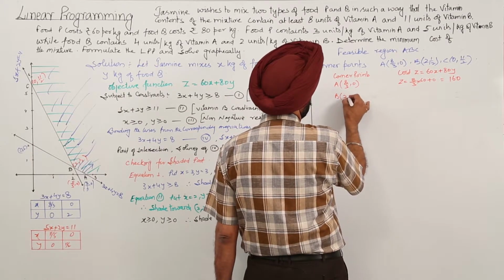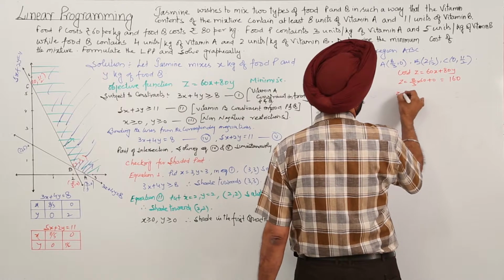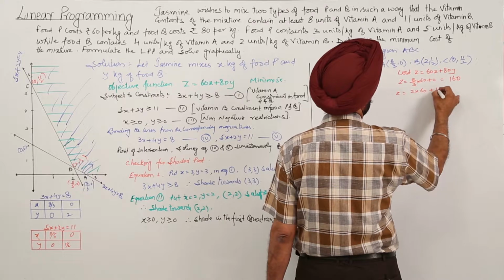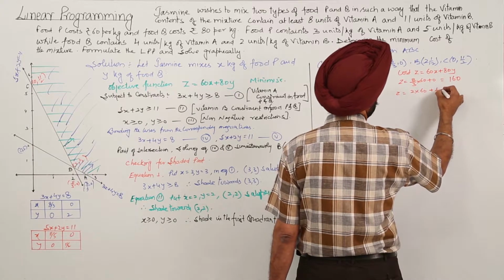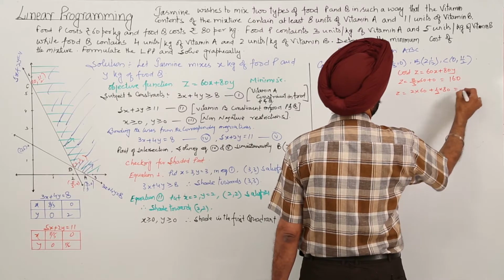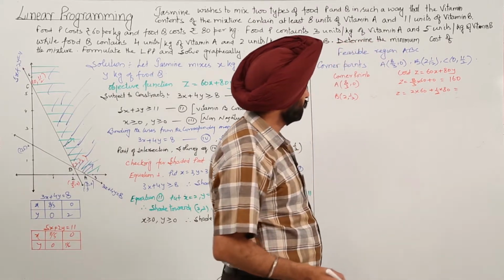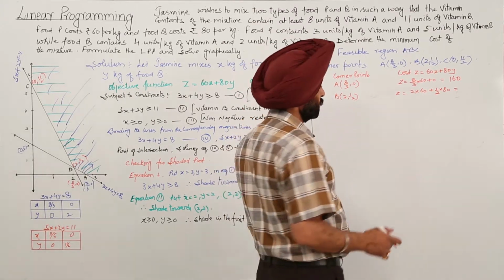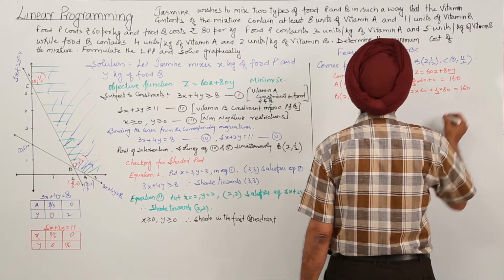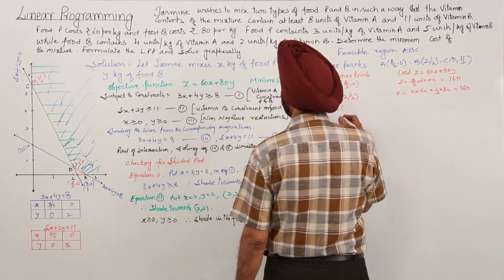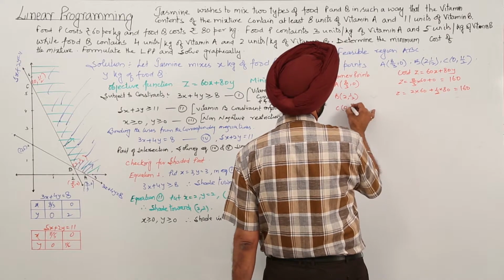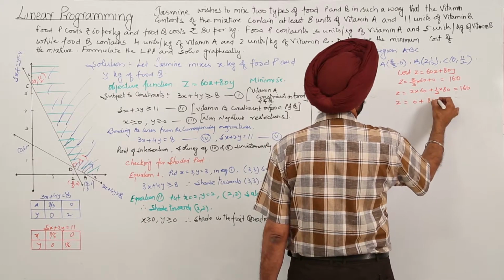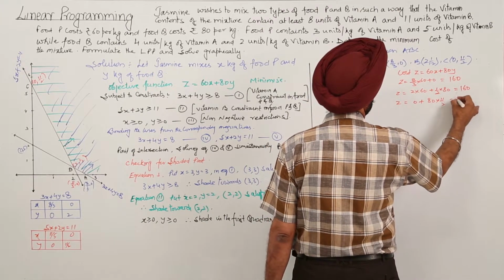At B, 2 comma 1 by 2, Z is equal to 2 times 60 plus half times 80, again 120 plus 40, it is 160. And C is 0 comma 11 by 2, 0 plus 80 times 11 by 2, that is 440.